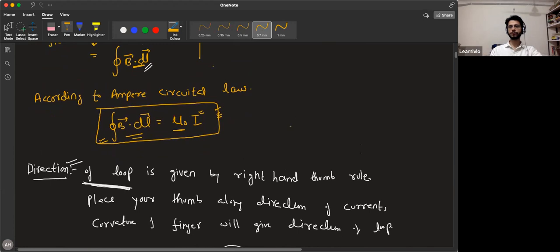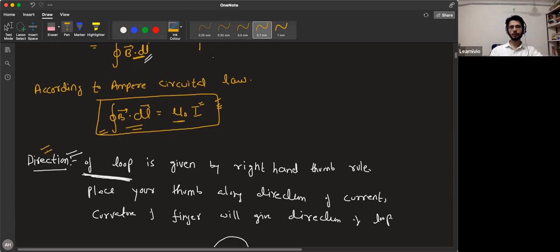Anshika, we have just revised Ampere's Circuital Law that we did in the last class. Just write down the rule for the direction of loop. This is the first topic here.